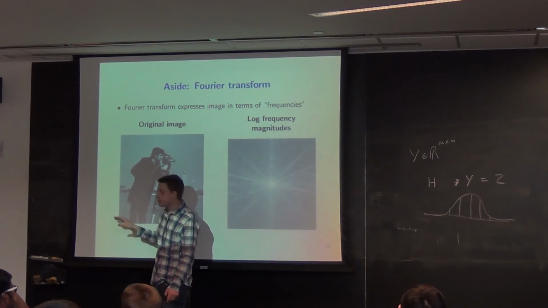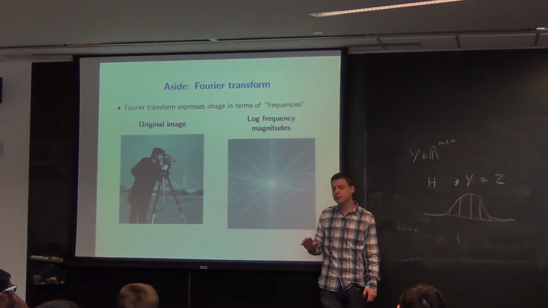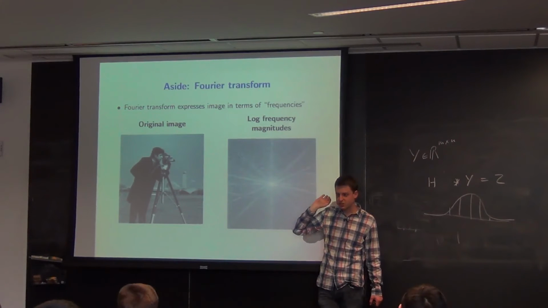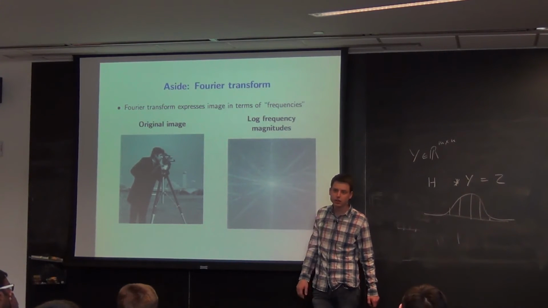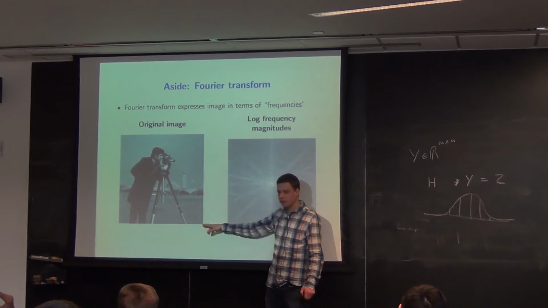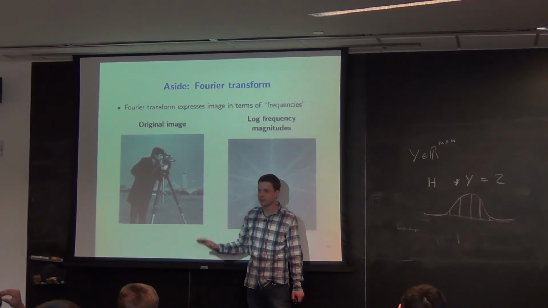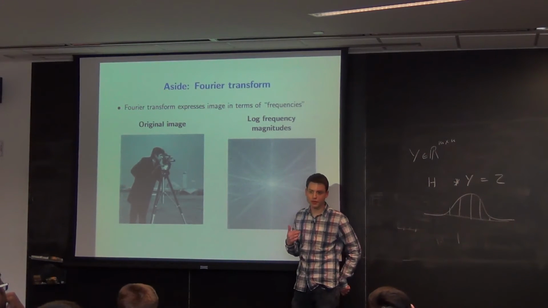What I can do instead is convert both the images, the Gaussian blur and the original image, to the Fourier domain, and just multiply each pixel together, apply the inverse transform, and that is exactly the same thing as the two images convolved. Mathematically, they are identical, and numerically, with a good implementation, they will be identical as well.